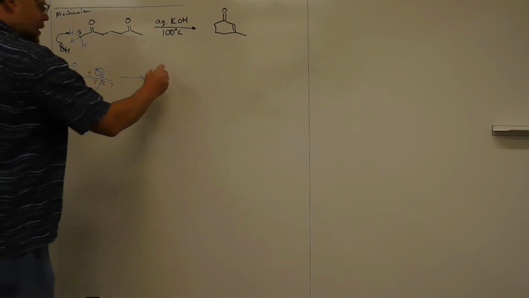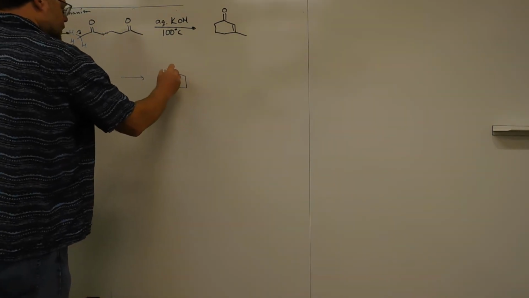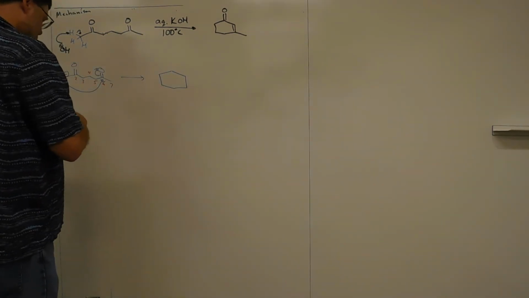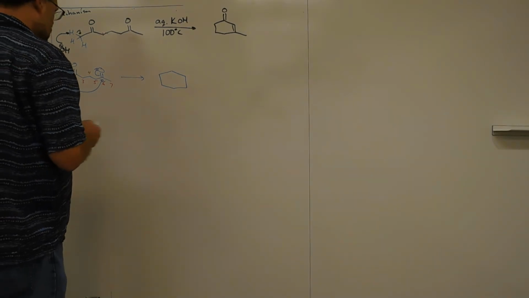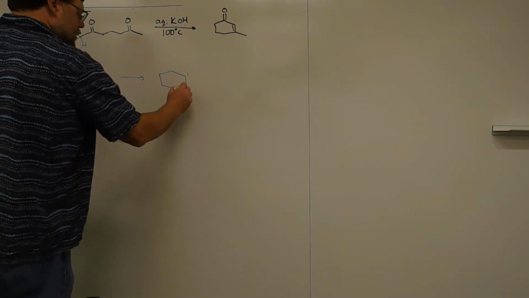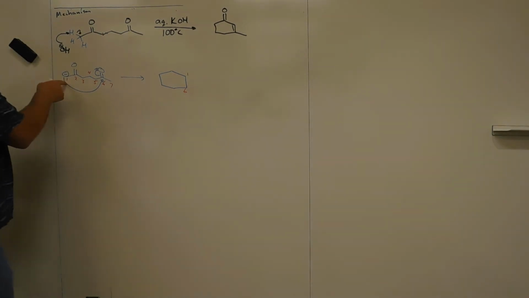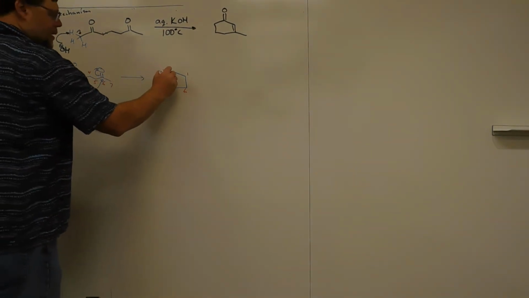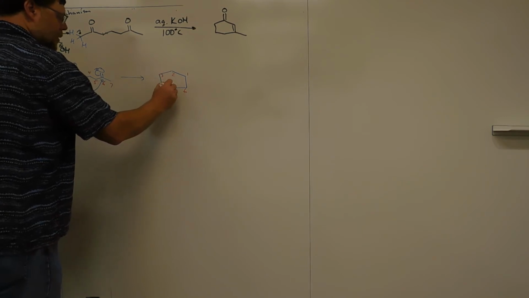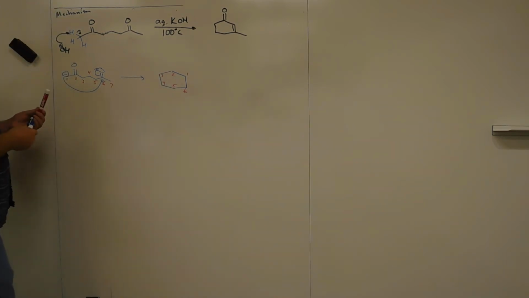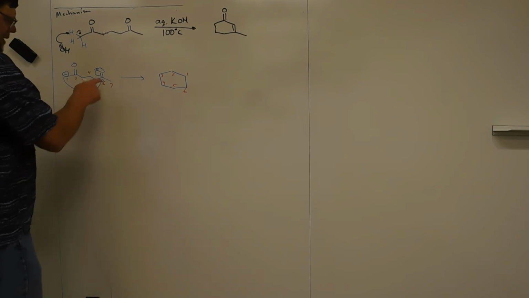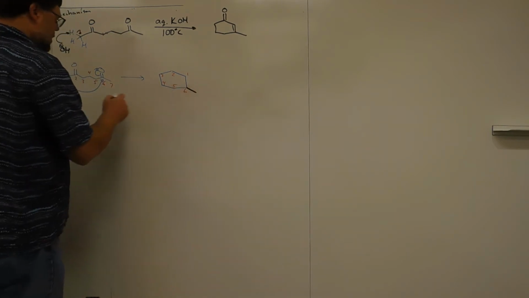That's a 6-membered ring. So carbon 1 makes a bond to carbon 6. We've got 2, 3, 4, 5 in between. Carbon 7 is still bonded to carbon 6.